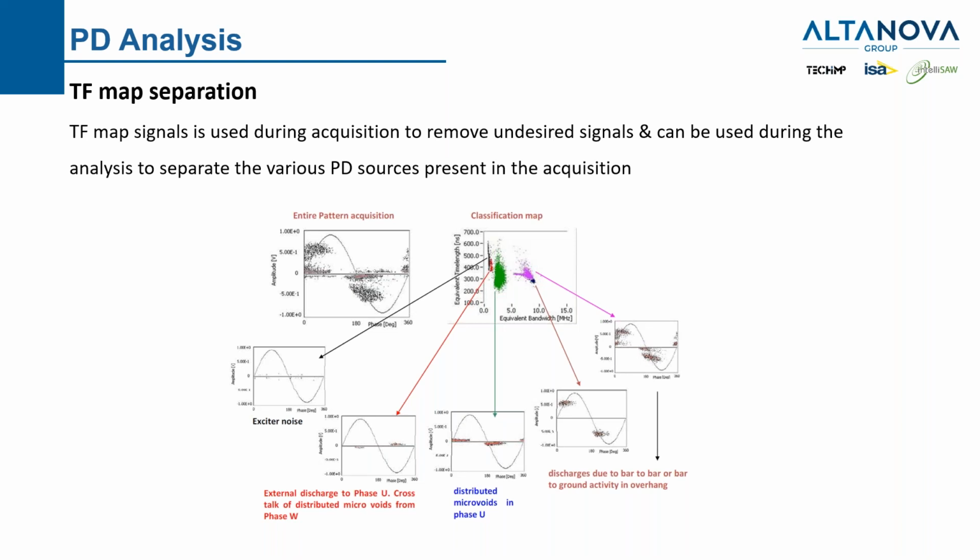And this is very typical in generators, because normally we will have more than one phenomenon or crosstalk occurring in the same detection point. We shall be good enough in the acquisition to have something to study during the analysis, thanks to the TF map separation.